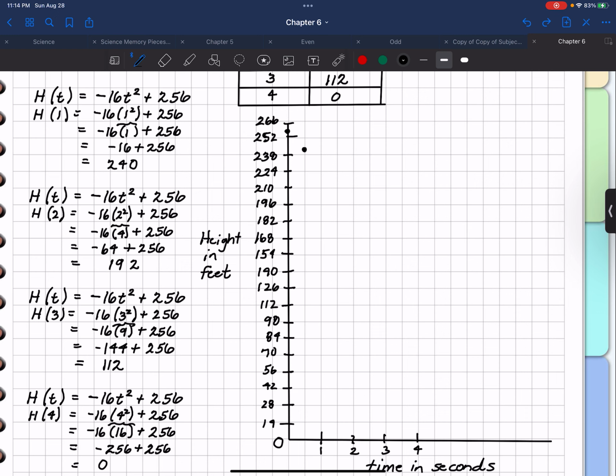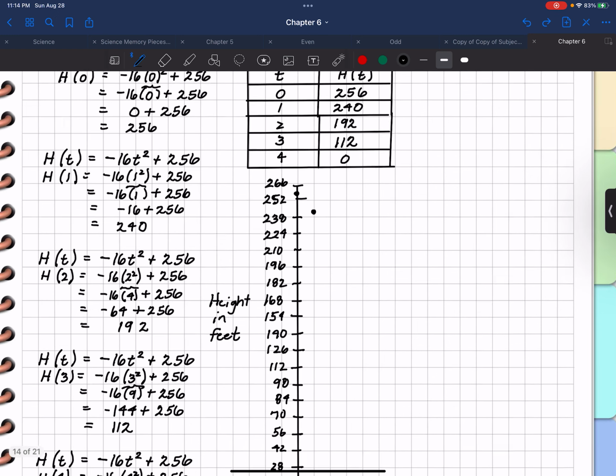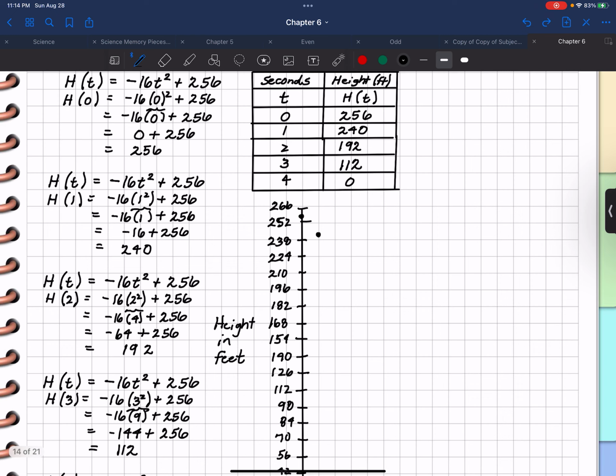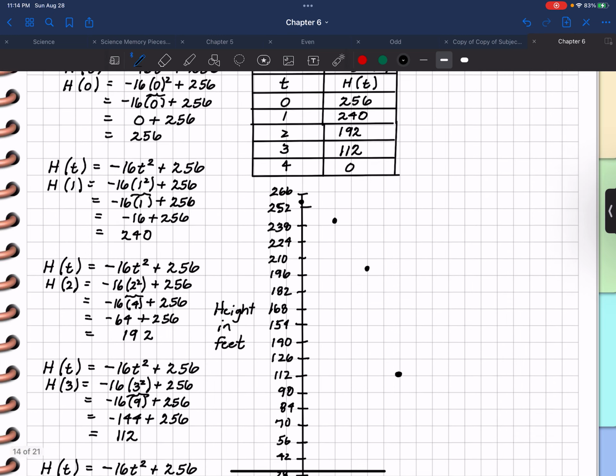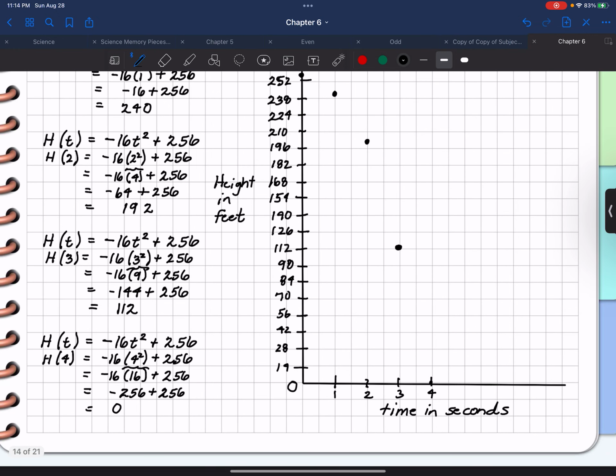And I did that and then I didn't pay attention. So 2 was what? 192. Because remember, I stretched those out a little bit. 3 was 112. And 4 was 0.